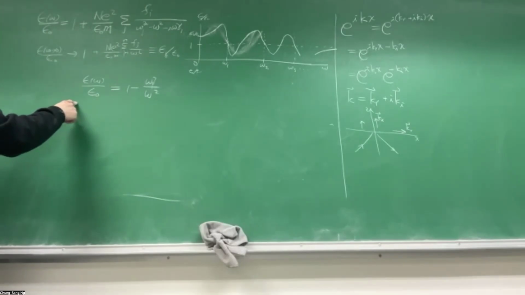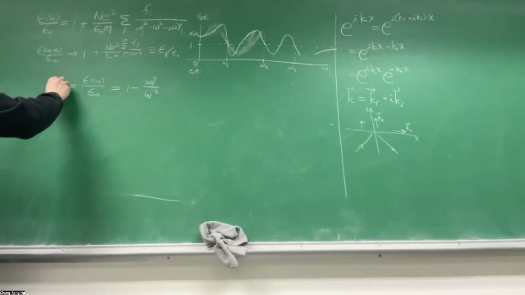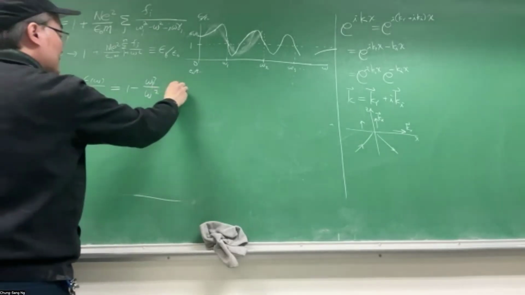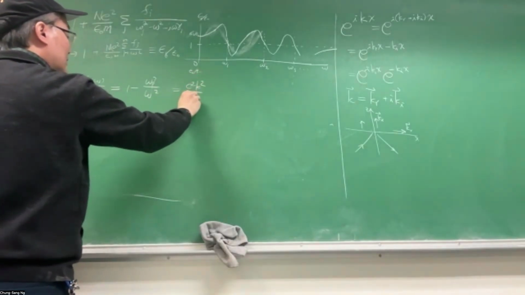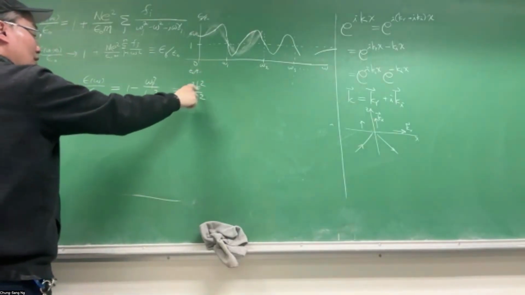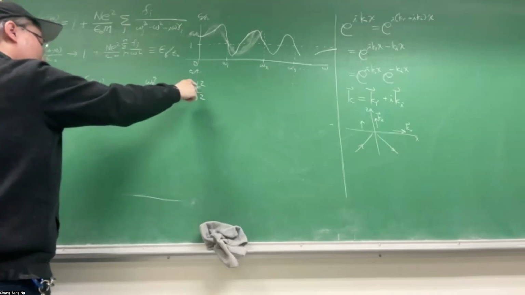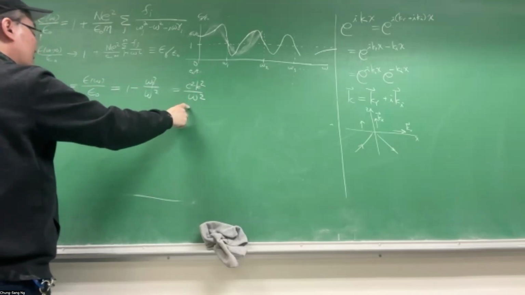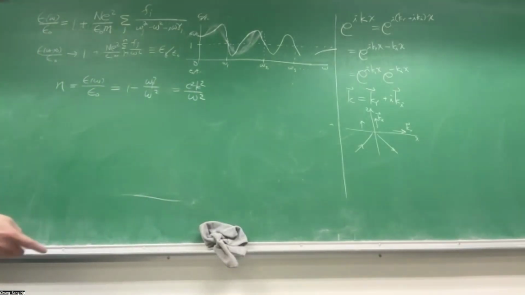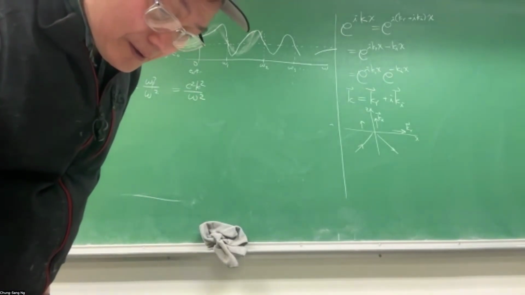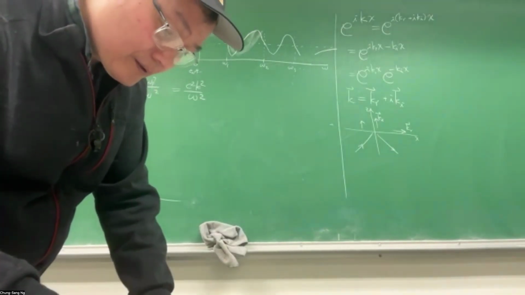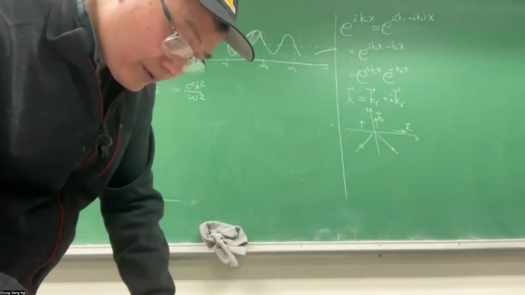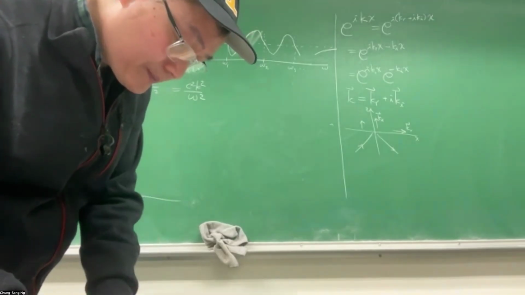If you take this ratio, it's what we call the refractive index n: n squared is c squared over the phase velocity, which is omega over k, the ratio between the speed of light and the phase velocity, squared.